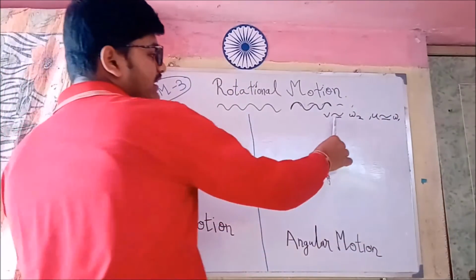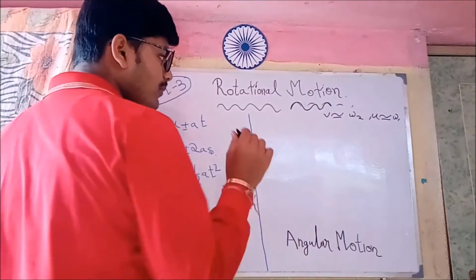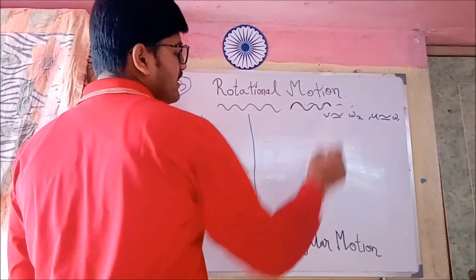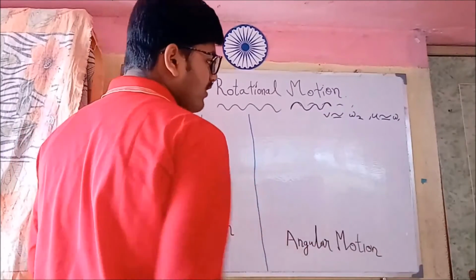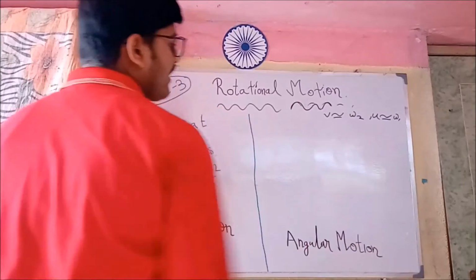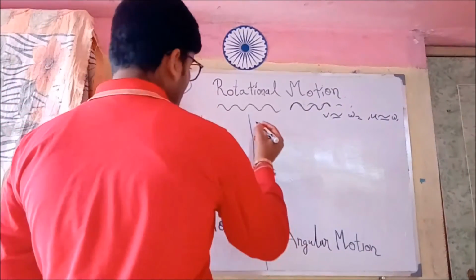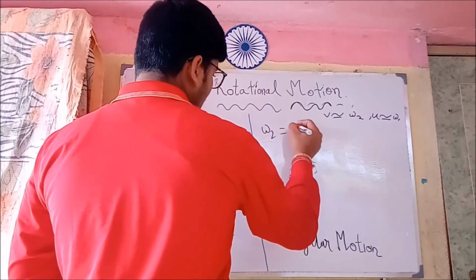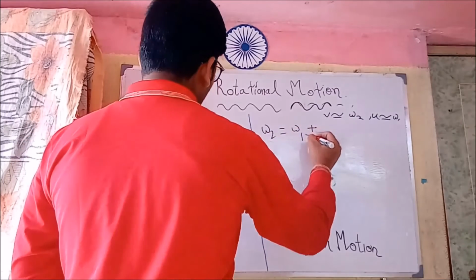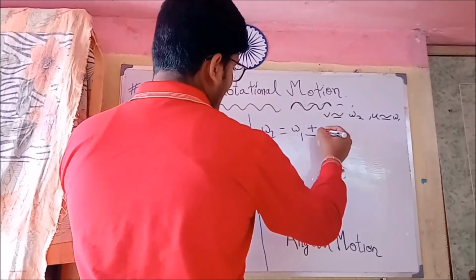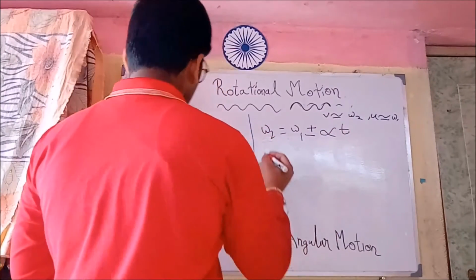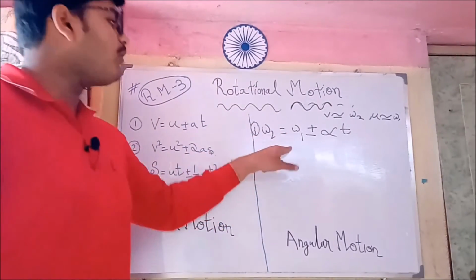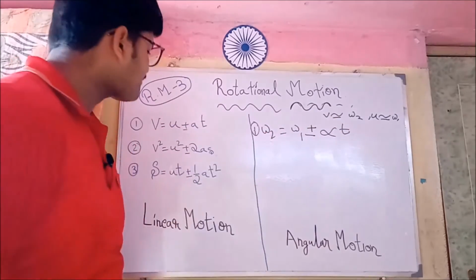The simple trick to remember this is, if we consider v is approximately equivalent to omega 2 and u is approximately equivalent to omega 1, then we will get the formula omega 2 equals omega 1 plus minus alpha t, where a is known as alpha and t is the same. So the first fundamental formula is omega 2 equals omega 1 plus minus alpha t.